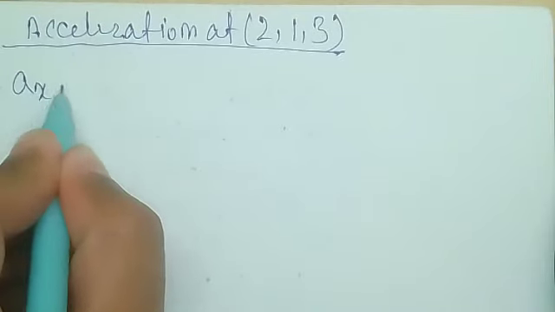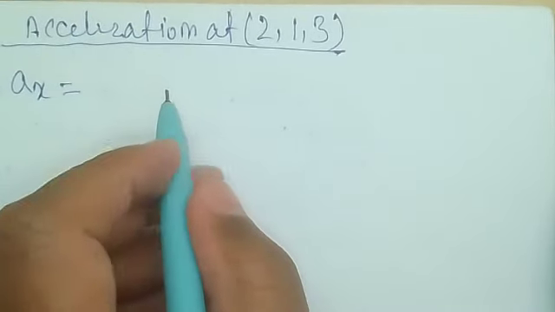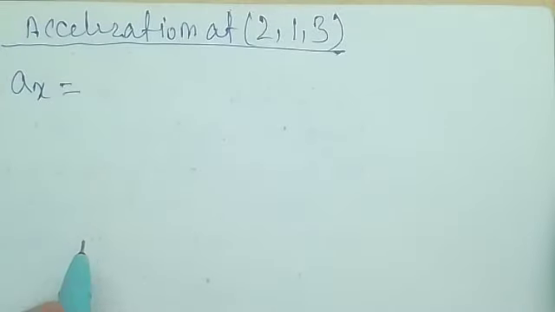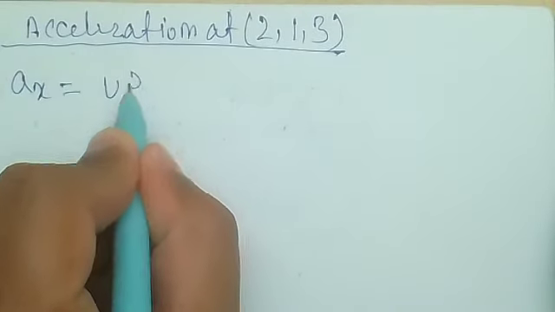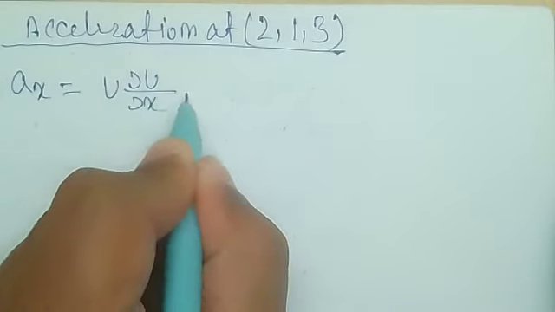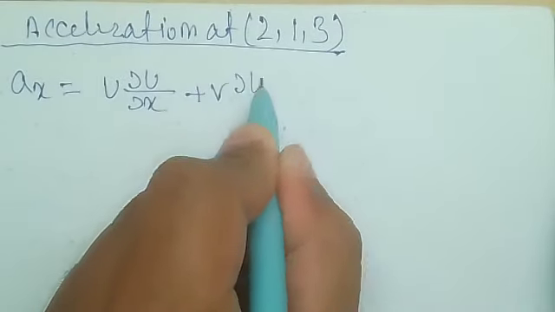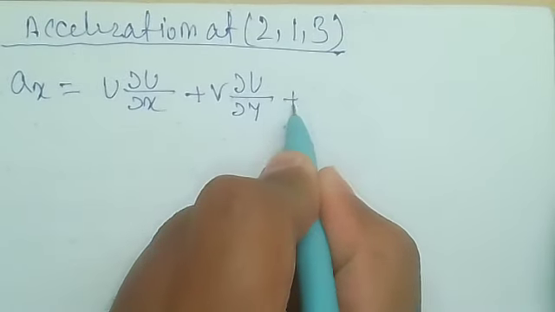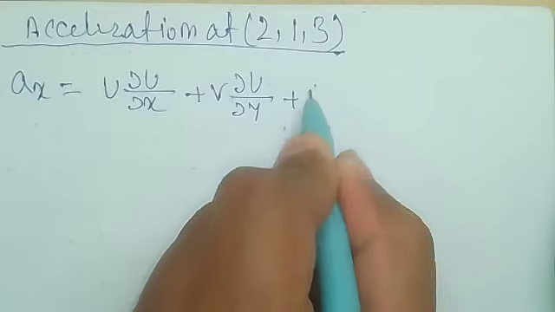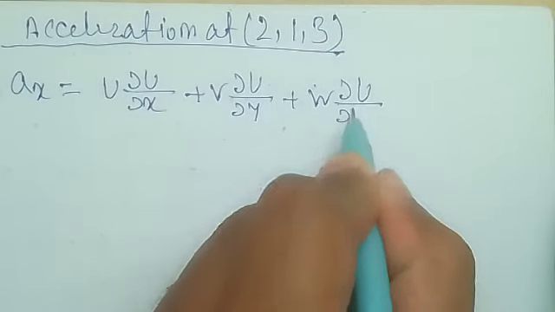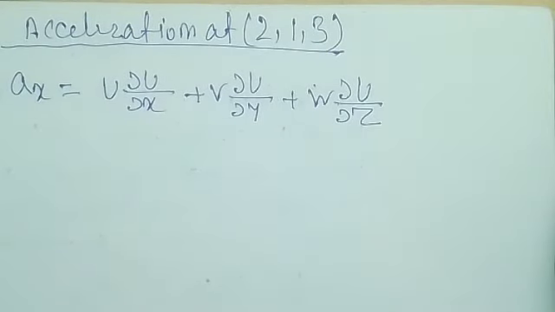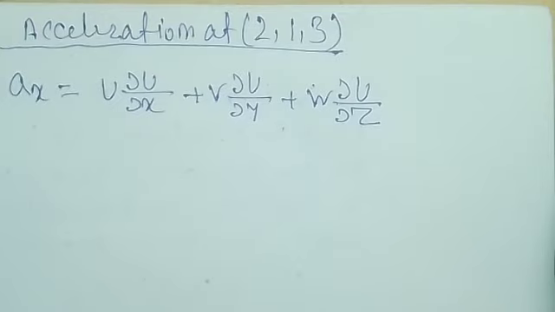Just now we have written that ax = u ∂u/∂x + v ∂u/∂y + w ∂u/∂z. We are not taking ∂u/∂t. Why? Because it is a steady flow. Steady flow means the properties of the fluid do not change with respect to time, which means ∂u/∂t is 0, right?